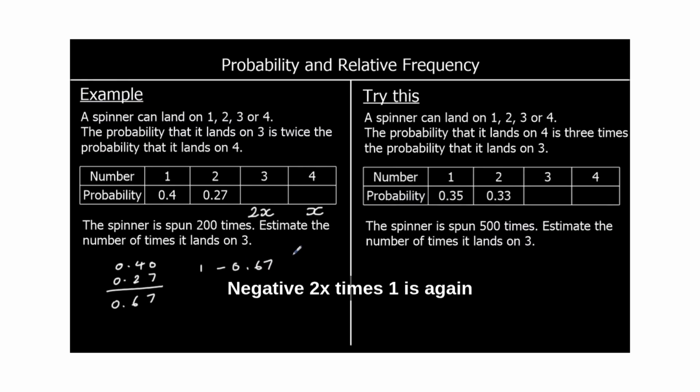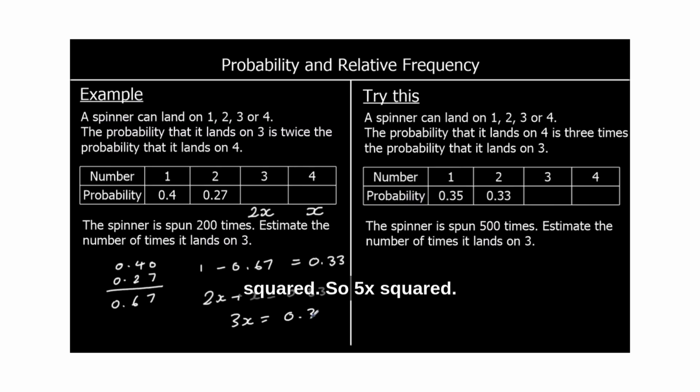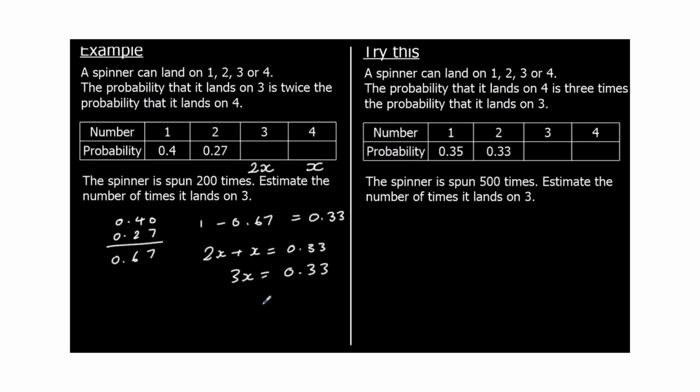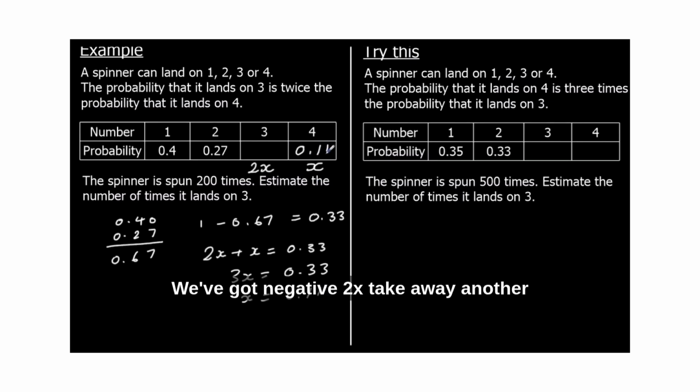What's missing? What more do we need to make a whole? That's 0.33. So 2x and x equals 0.33. The missing probabilities have to add up to 0.33 to make a whole. So 3x is 0.33. Divide both sides by 3. x is 0.11. So 2x, 2 0.11s, is 0.22.